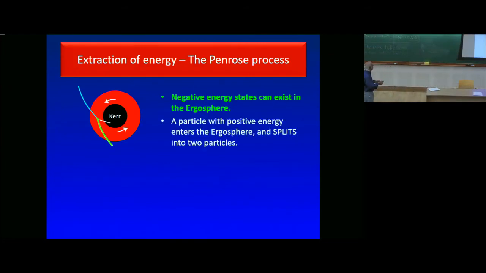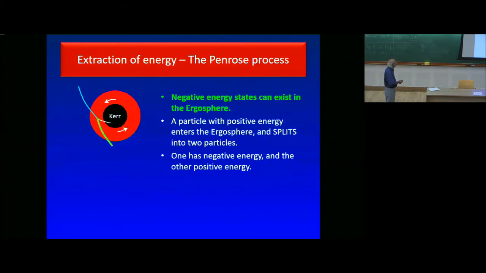Imagine there is a particle with a positive energy, because outside the ergosphere, in our world, only particles with positive energy can exist. It goes in, and having gone in, it decides to divide itself into 2 particles. One has a positive energy, this green one, and one has a negative energy.